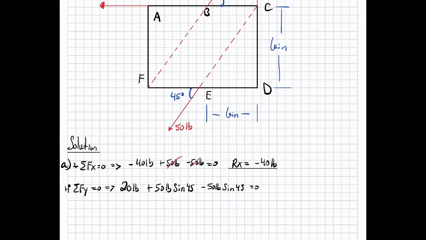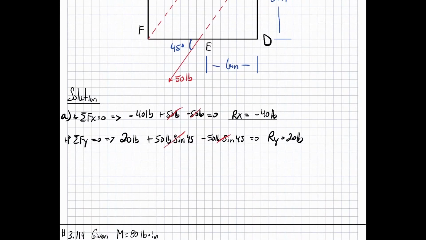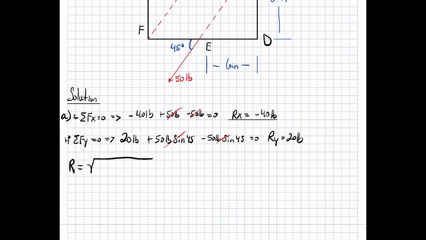Just like how those reduced, these reduce, we get Ry to be 20 pounds. Okay, now we need to find our resultant. Our resultant is going to be the square root of the sum of squares of Rx squared and Ry squared.